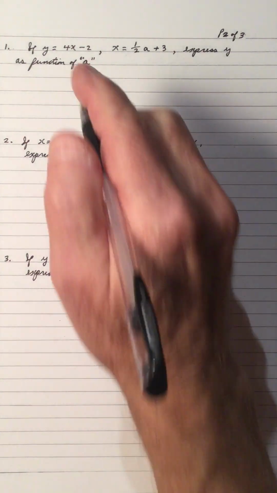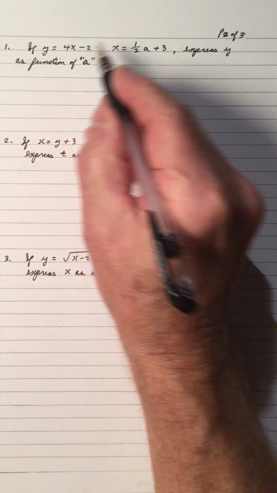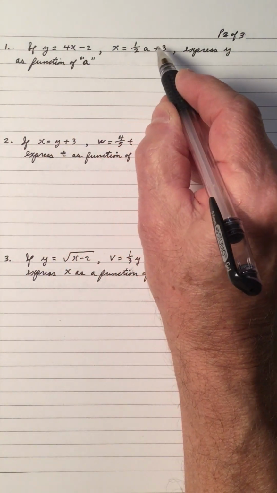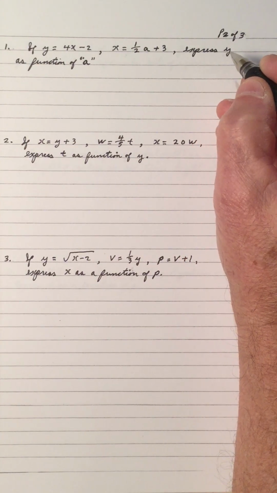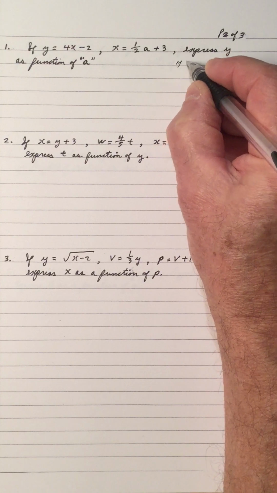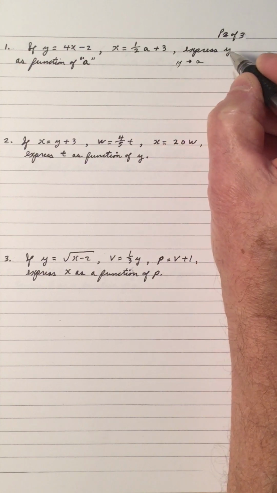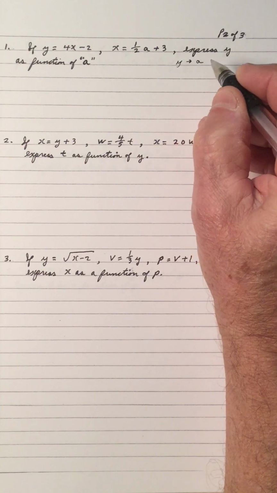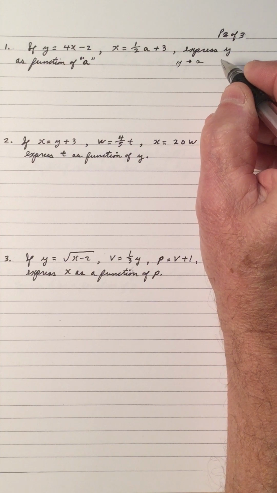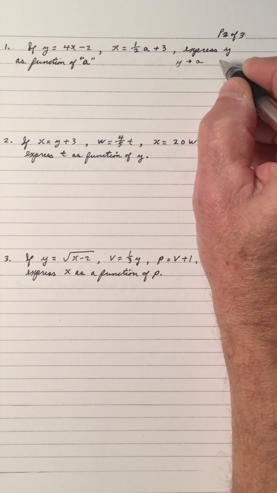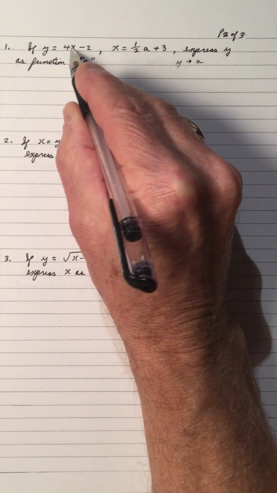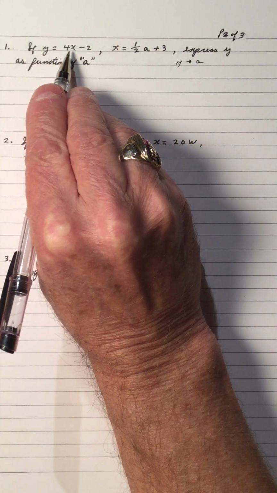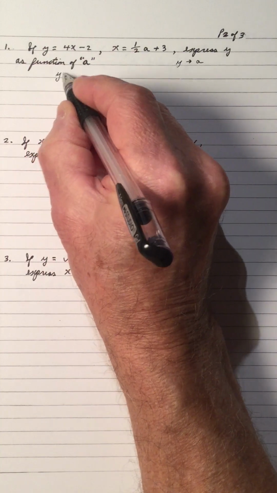Composition of functions. If y equals 4x minus 2, x equals a half a plus 3, express y as a function of a. So y as a function of a. So we got a y and an a. That means that the x has to go. So if x equals a half a plus 3, subbing a half a plus 3 in here.